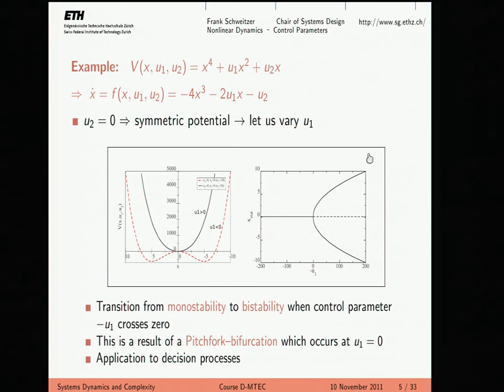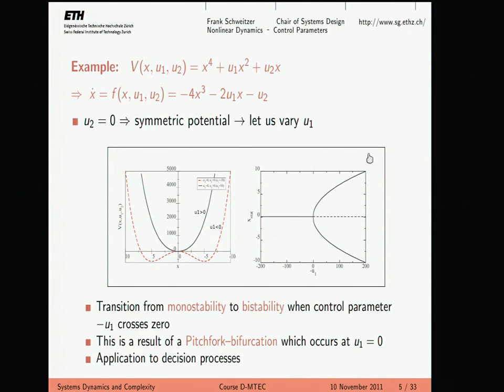What we're interested in, in fact, is to categorize what happens to the system precisely as we vary the control parameter. Okay? What happens to the stationary points as we vary the control parameter? So naturally you might think, well, we have to plot the control parameter versus the stationary points. And this is what's plotted here. This is minus u1.